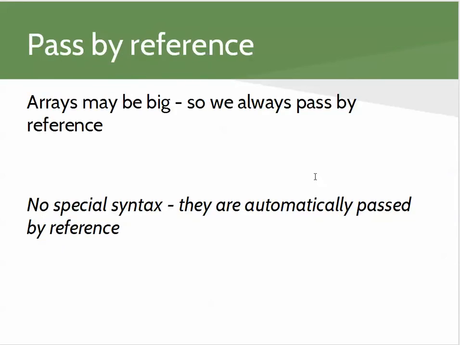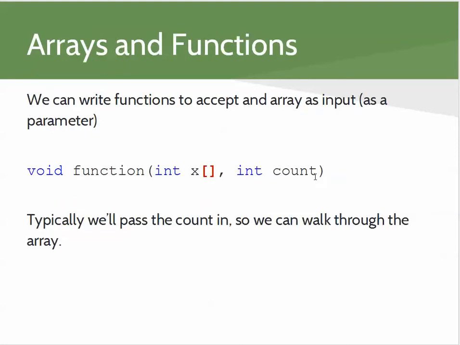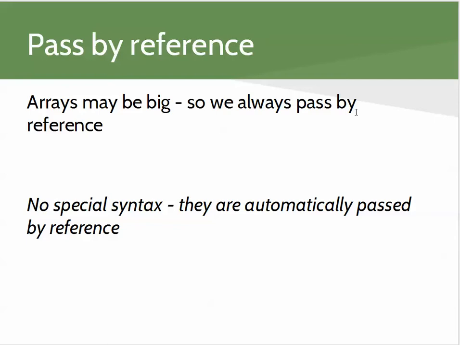And because we don't know, we assume that it could be very large, and by default in C++, because arrays can be so large, we make them pass by reference without any special syntax. So we don't put an ampersand here, ever. There's never an ampersand between the int and the x. However, it is always interpreted as pass by reference.